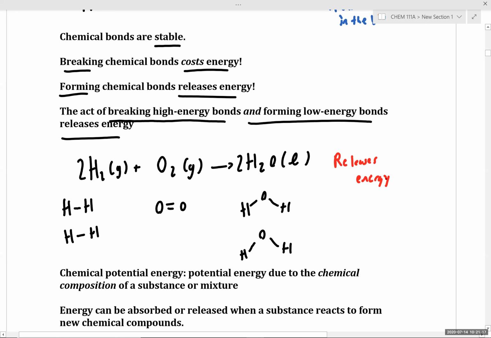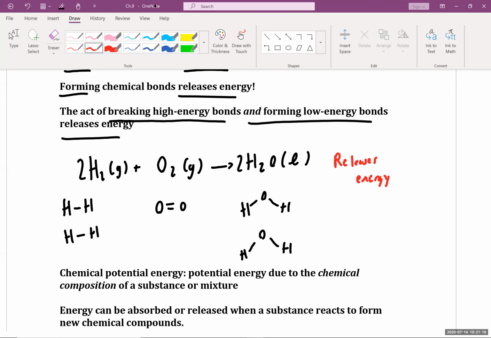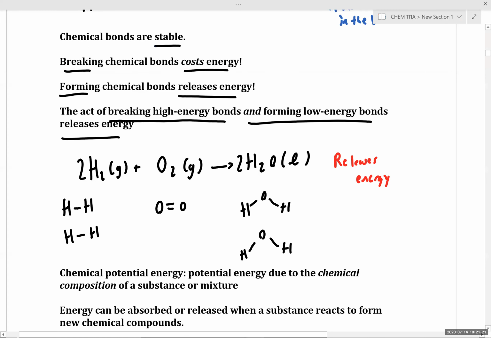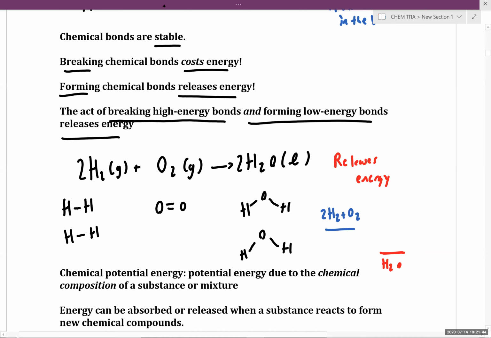One way that you can think about this, if you wanted to visualize this graphically, is that our hydrogen and oxygen are high in energy. As we run our reaction, we generate our water molecules, which have lower energy bonds.